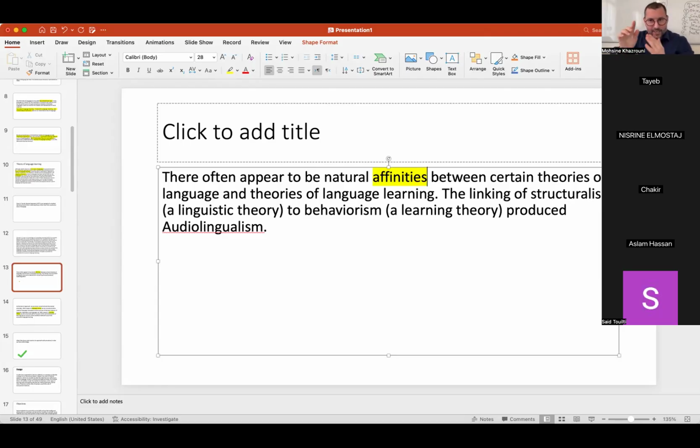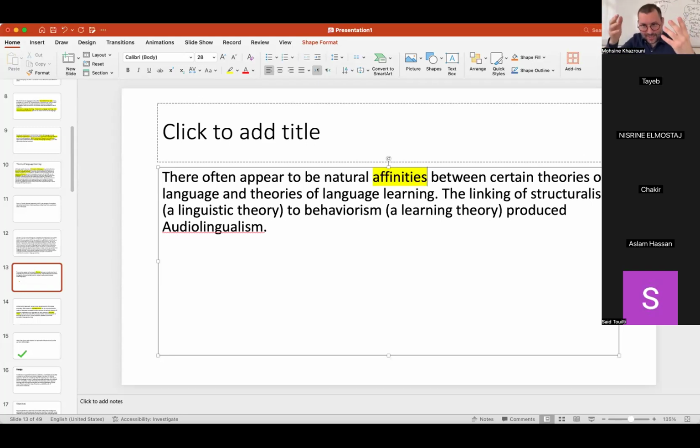Can you repeat again the first sentence? Similarity between some theories about language. Okay, so similarity between language theories and learning theory. Learning theory, Saeed. Yes. Because you said at the beginning theories in general.